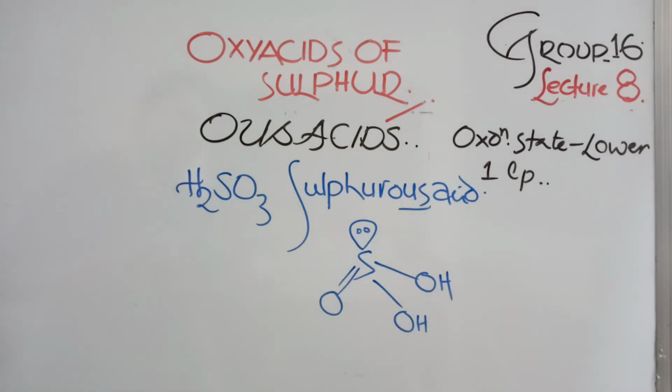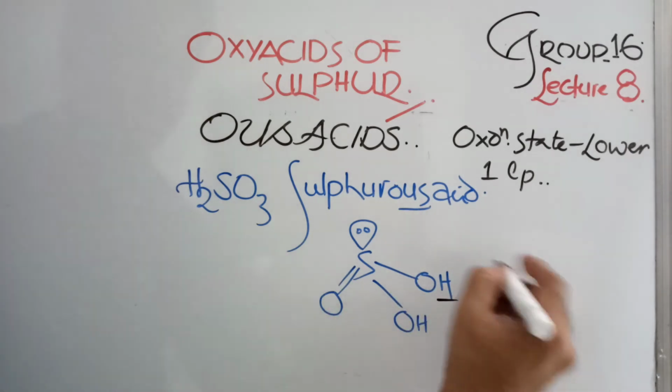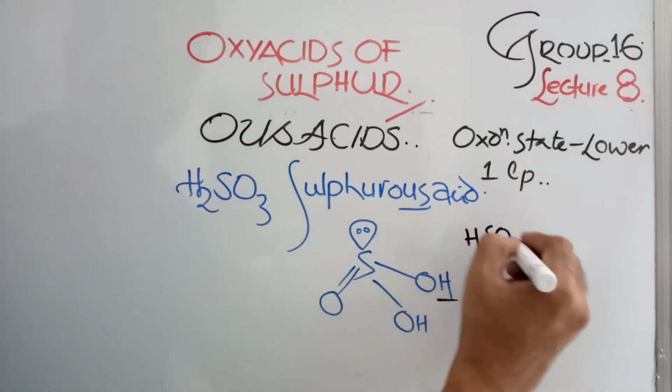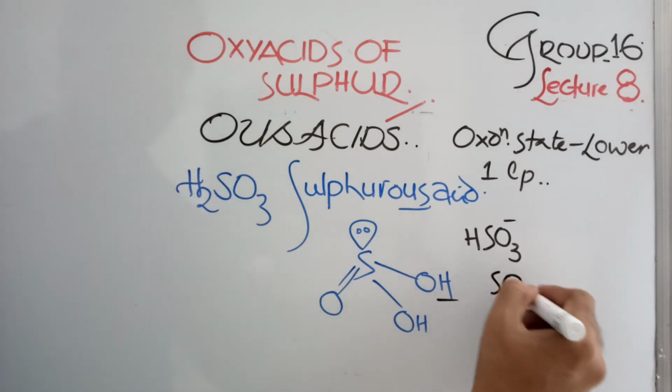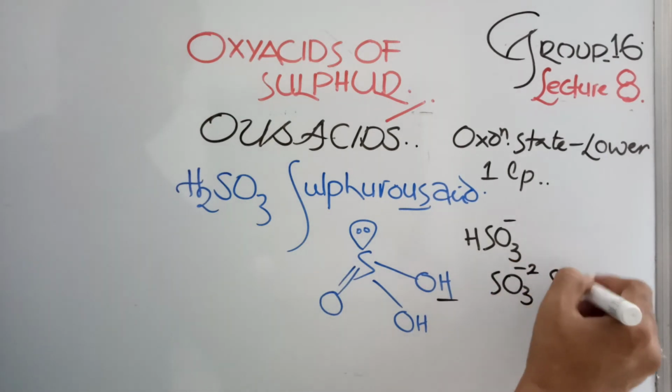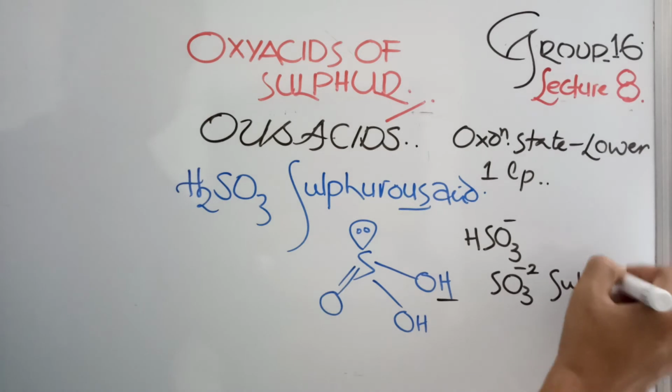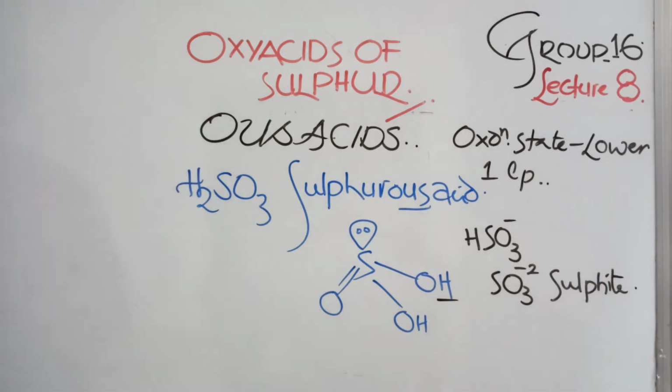You can check the formula. As two OH groups are there, it is dibasic. If you remove this H, it is HSO3 minus, hydrogen sulfite. If you remove one more, SO3 2 minus, this is sulfite. Two series of salts, sulfite and hydrogen sulfite, or you say bisulfite. H2SO3, sulfurous acid.